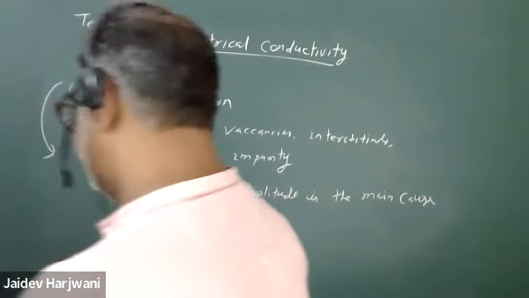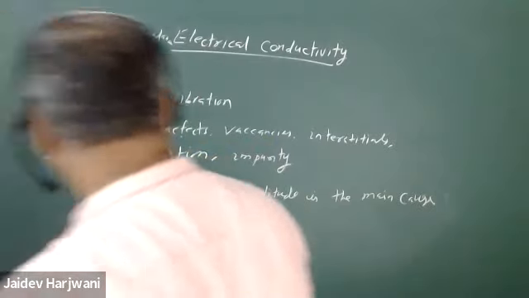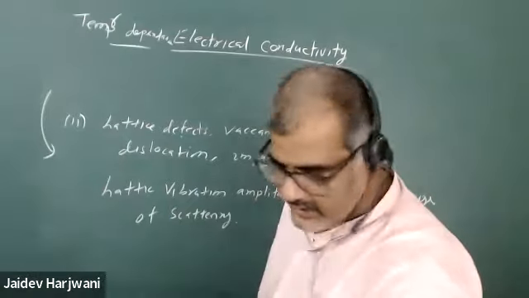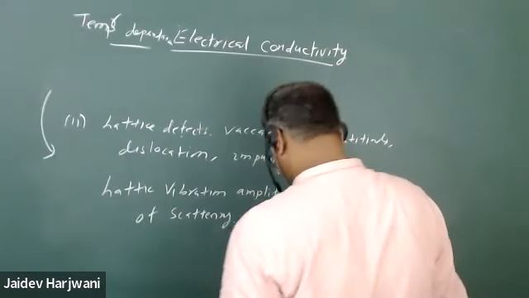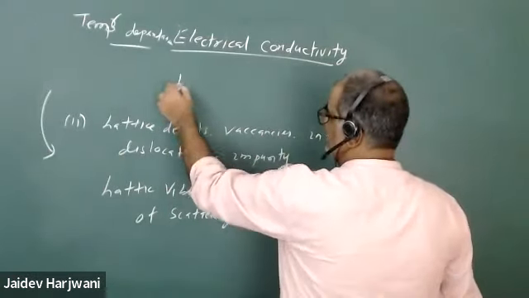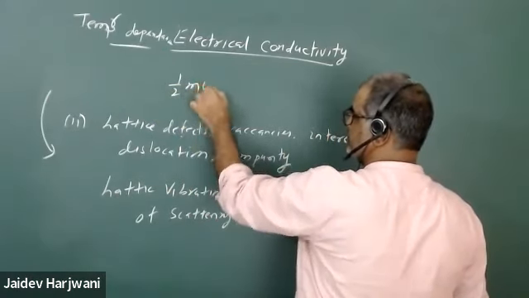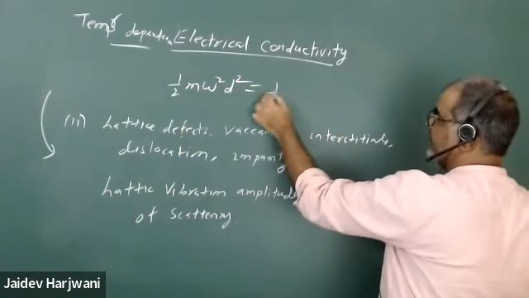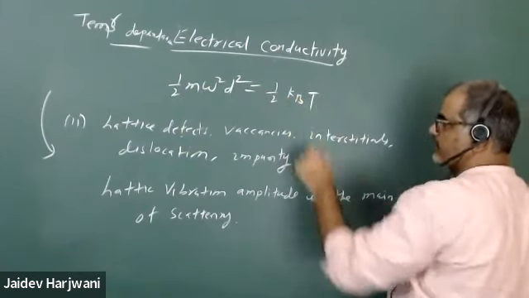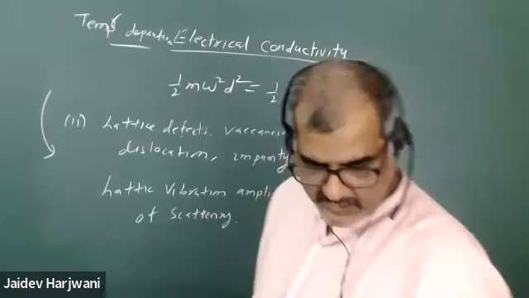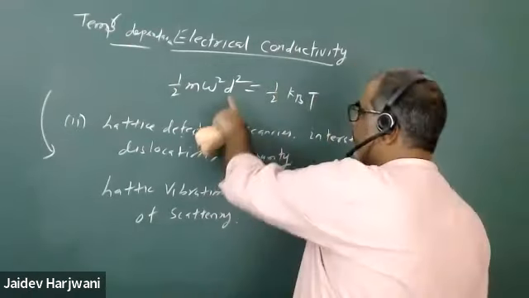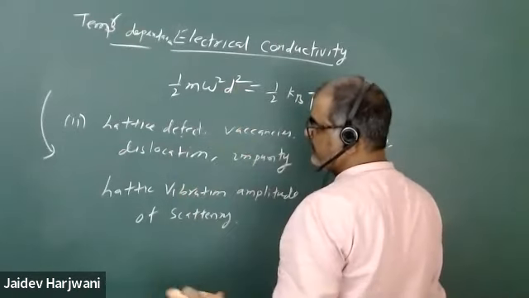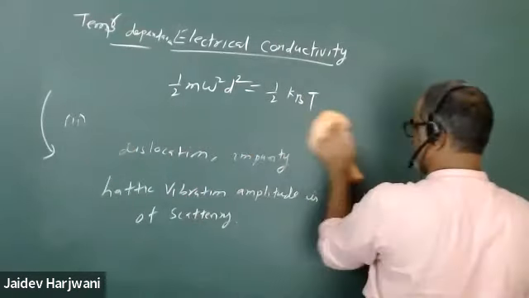Because I am considering high temperature, I can apply classical mechanics and write the energy, assuming simple harmonic oscillators, as half kBT. Now I want the amplitude, because the scattering cross section depends on the amplitude.